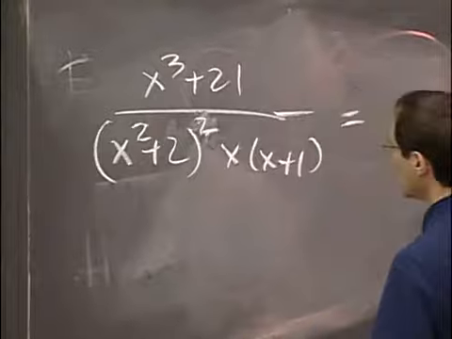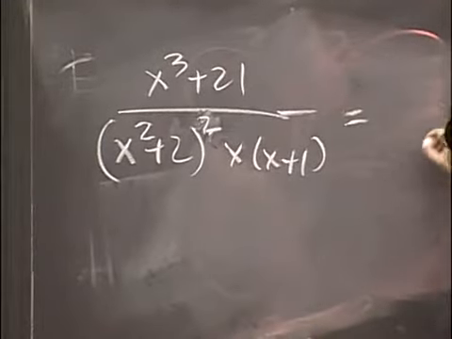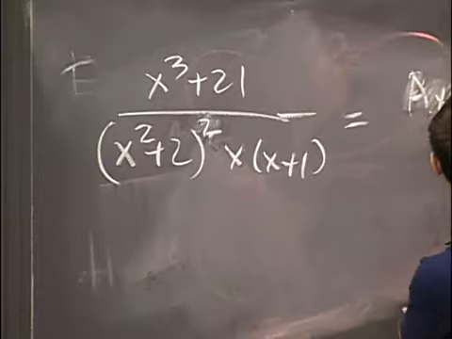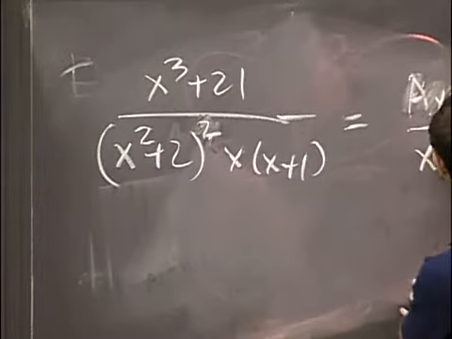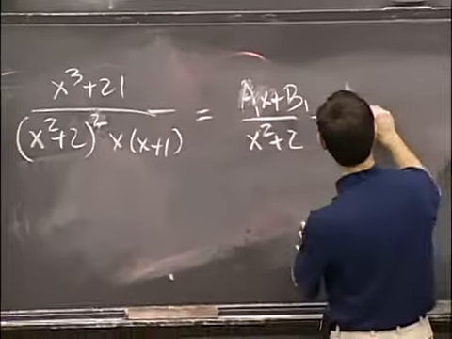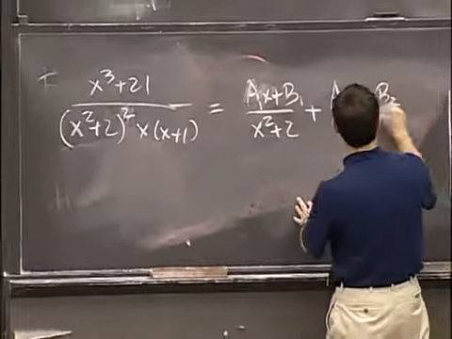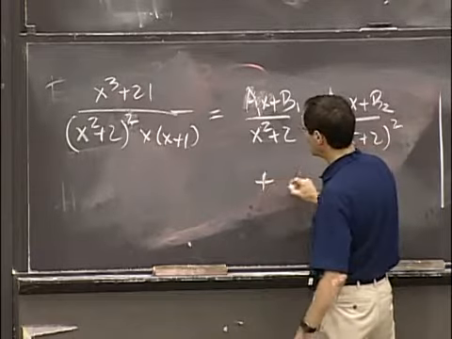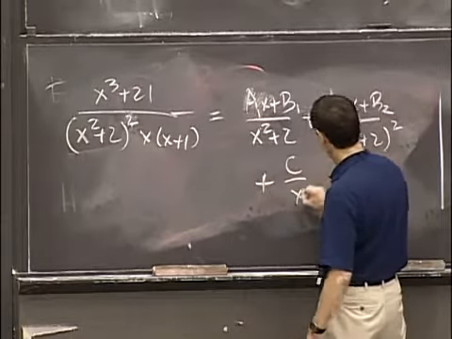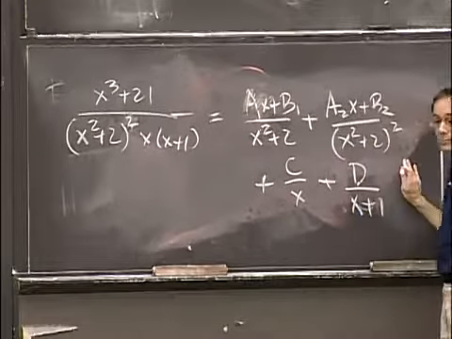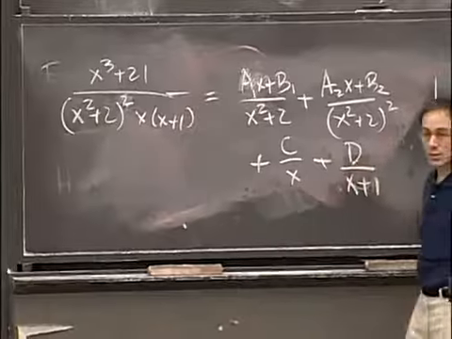So the parts with x and x plus 1 are the same, but now you have linear factors here: a1x plus b1 divided by x squared plus 2, and a2x plus b2 over x squared plus 2 squared, plus c over x plus d over x plus 1. This is the way it works.